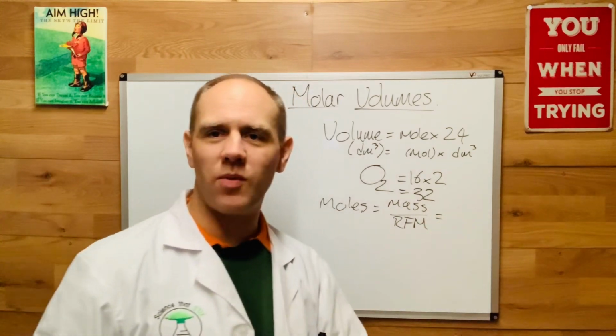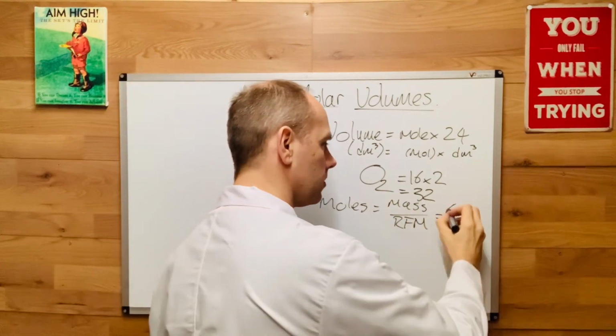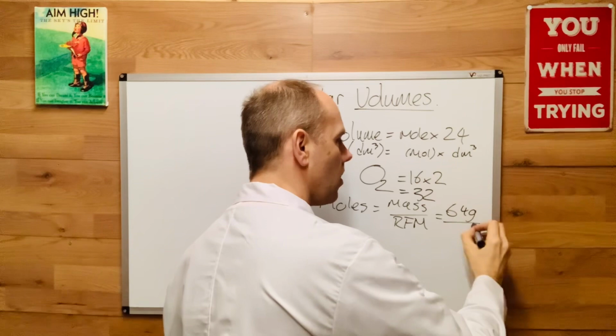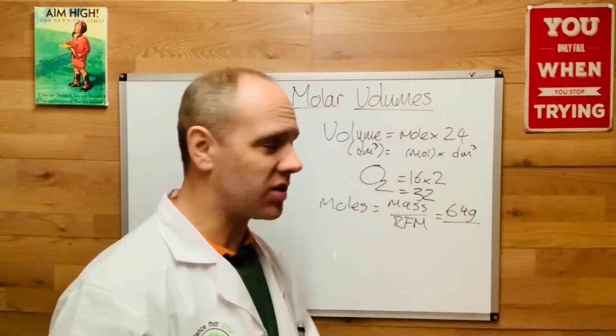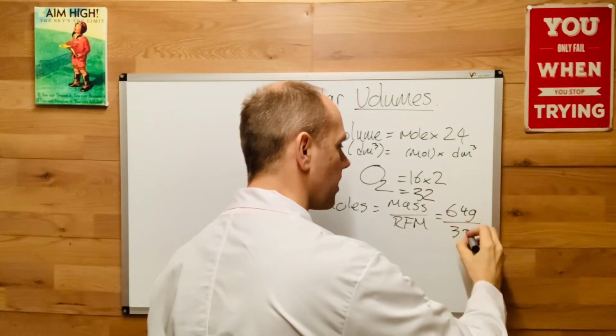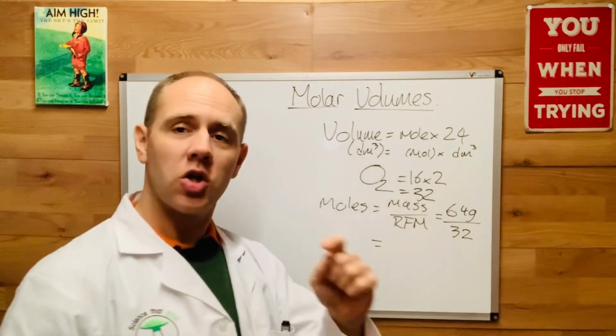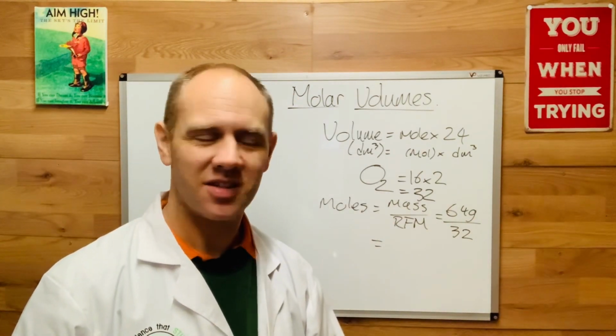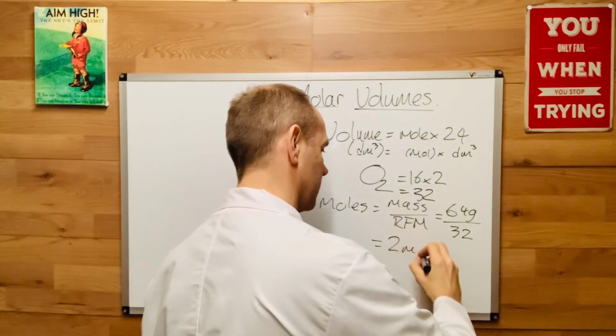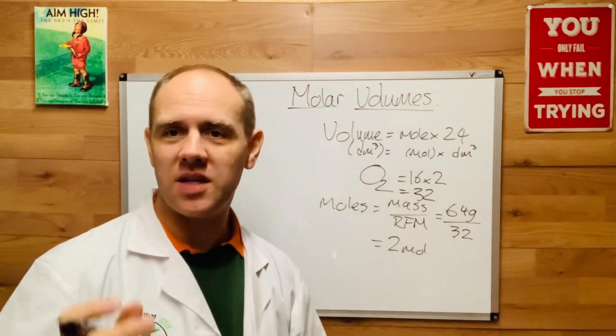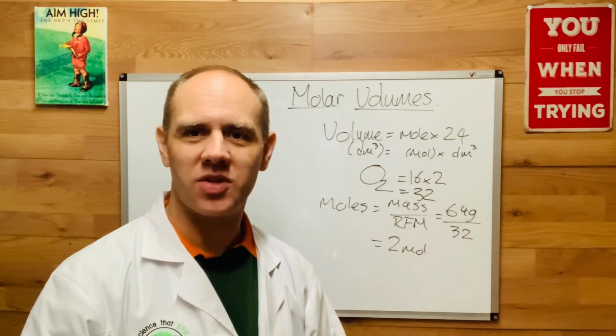So if we're saying we've got 64 grams, we're going to divide it by the relative formula mass, which is 32. This means that we have 2 moles of gas in 64 grams of oxygen.